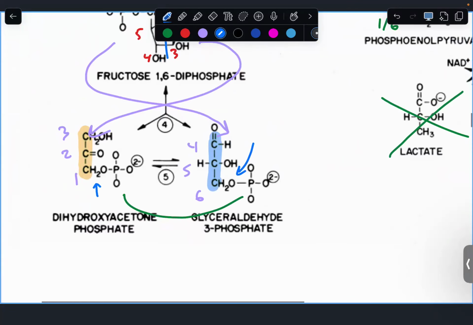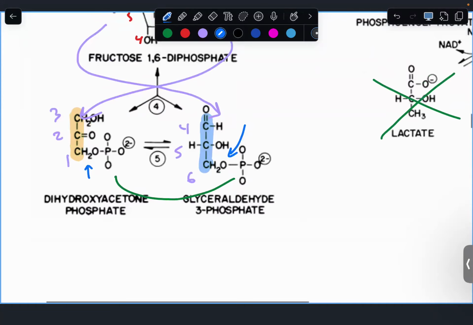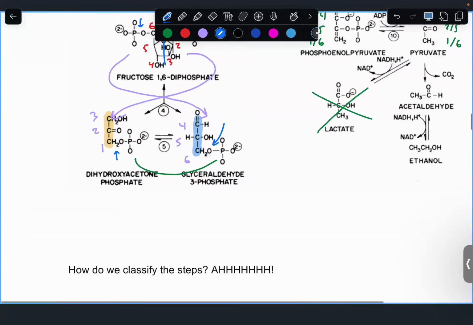And then when you continue on with the pathway, 1 corresponds to 6, 2 goes to 5, and 3 goes to 4, because there's no rearrangement of the carbon chain.